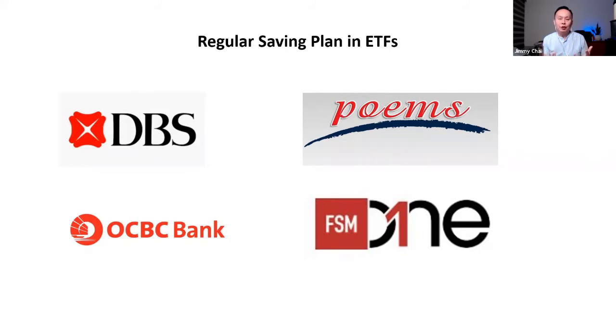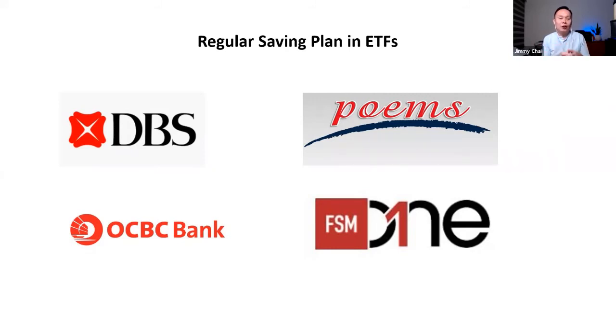They have this feature whereby you can allocate X amount of dollars per month, let's say $1,000 per month, and you pre-select the ETF that you want to invest in every month. The platform will automatically deduct $1,000 from your bank and then invest in those ETFs that you have pre-selected on a monthly basis.